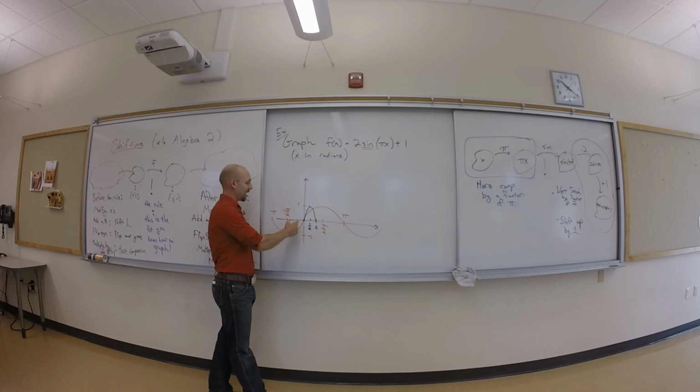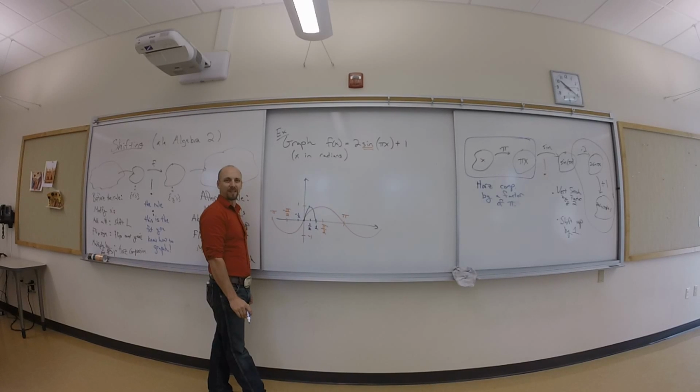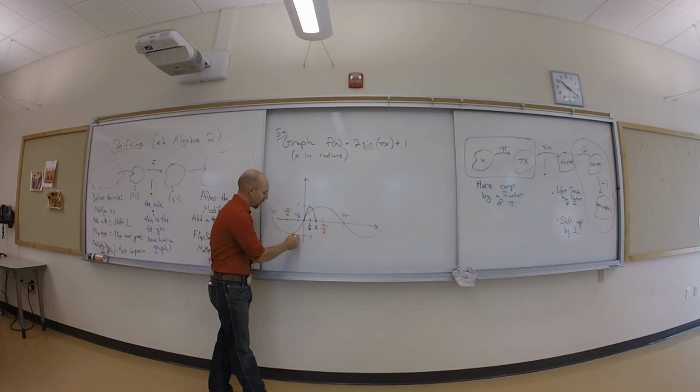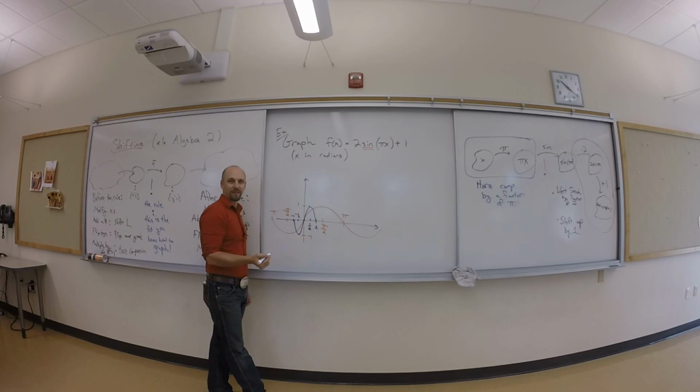At negative a half, good. So at negative a half, what should there be? Low. Yeah, that should be the low, right? And where is it going to come back up to 0? At negative 1. You guys see this?